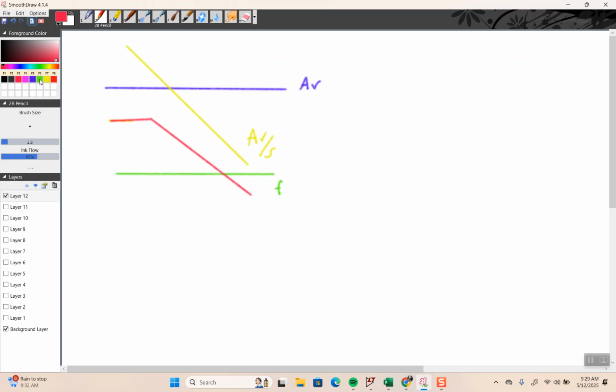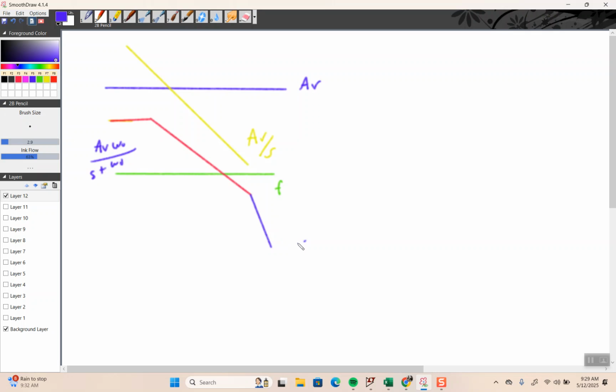I can even make it kind of double, right? Red would be AB omega naught, S plus omega naught.